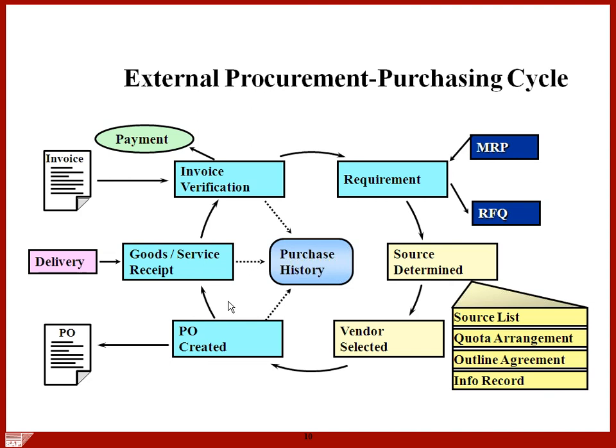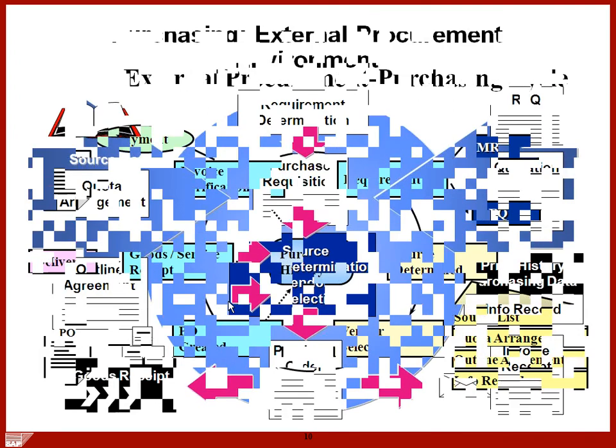What we call procure to pay, purchase to pay. So we discuss this entire procurement cycle, various documents that we create, various document types that we use, and individual documents' basic purpose. All these things we will discuss in the procurement cycle.